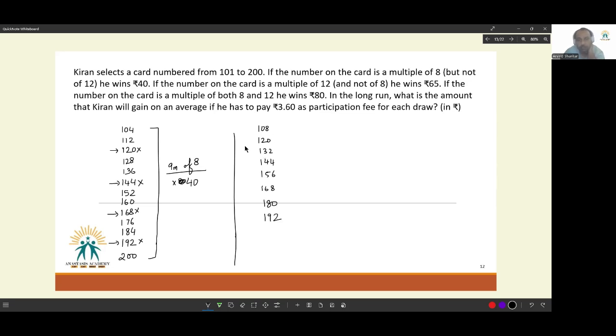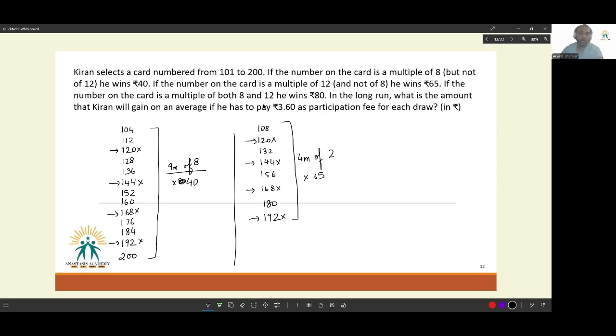But from this, I have to remove numbers that are multiples of 8. I have to remove the same numbers that I had identified here. The same numbers will get removed here also. So in this range, I get 4 multiples of 12, and when we get such a number, we get 65 rupees.